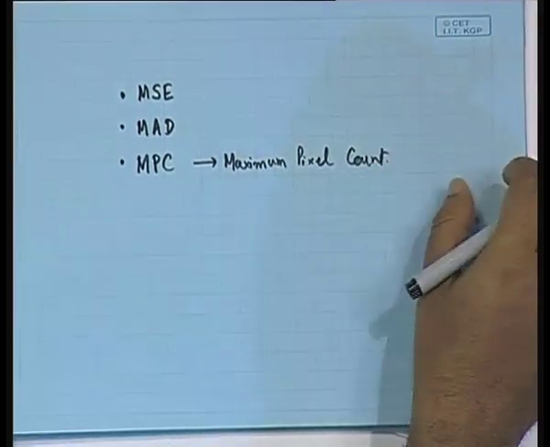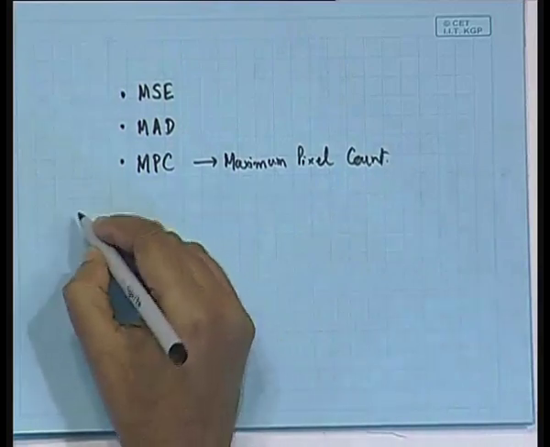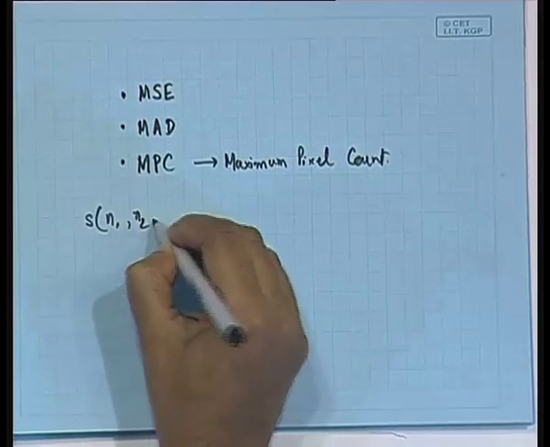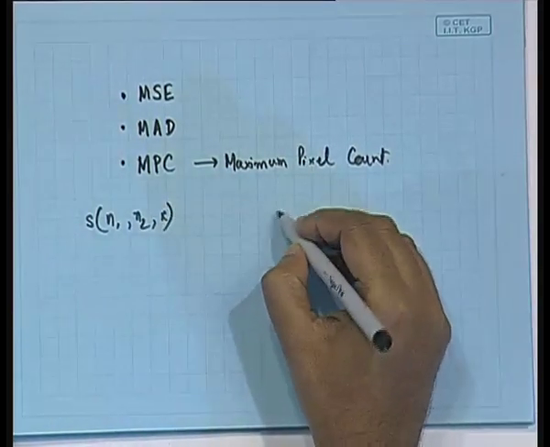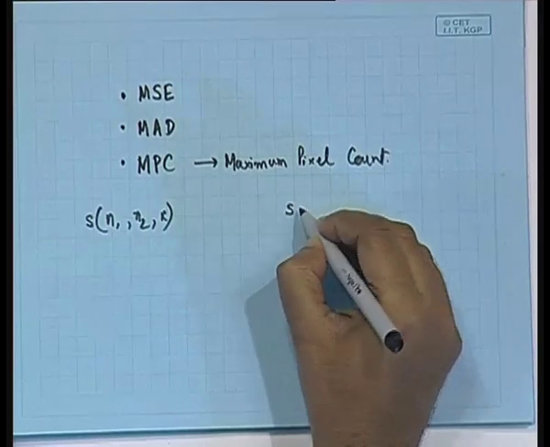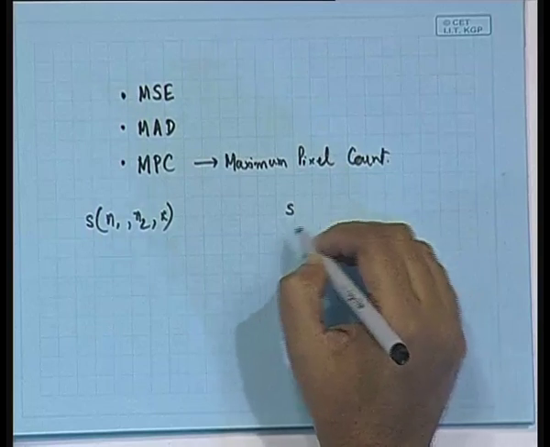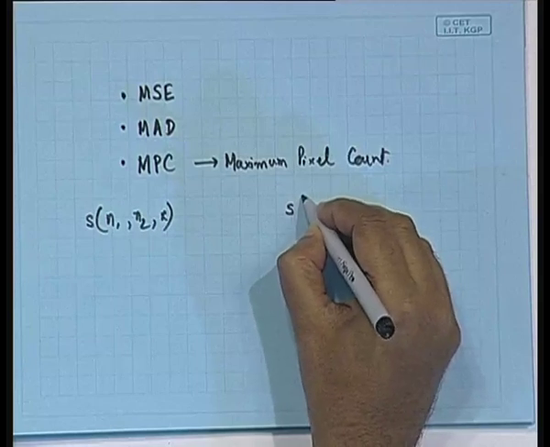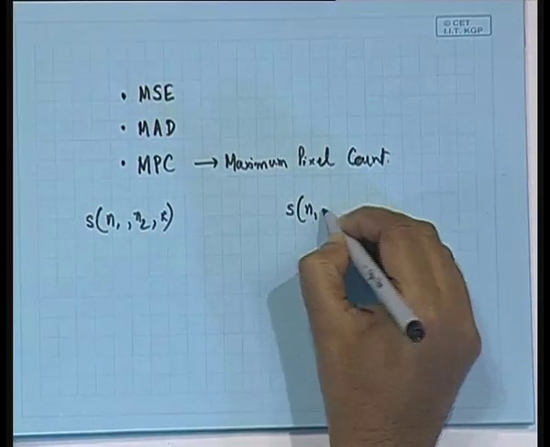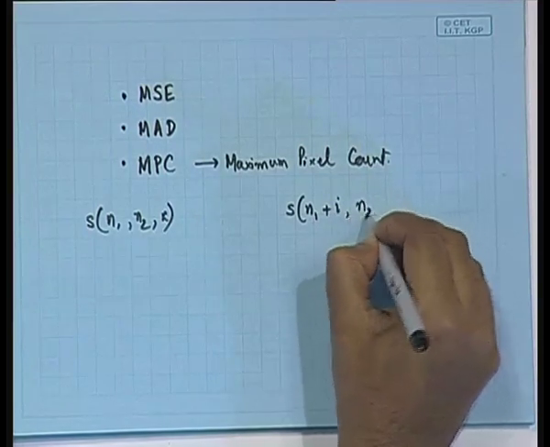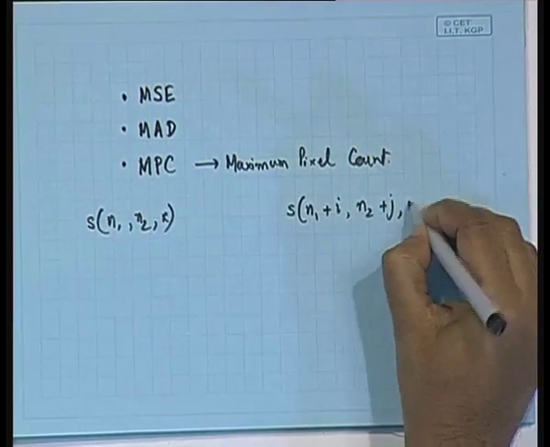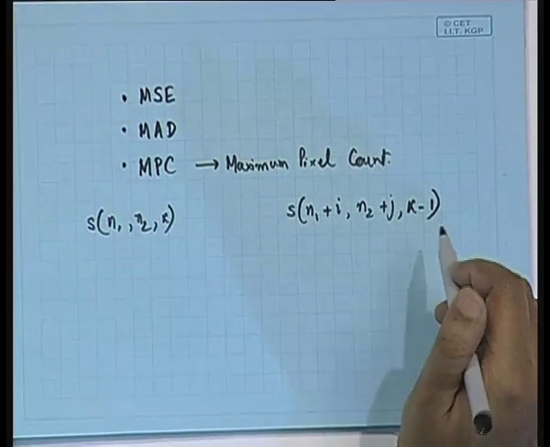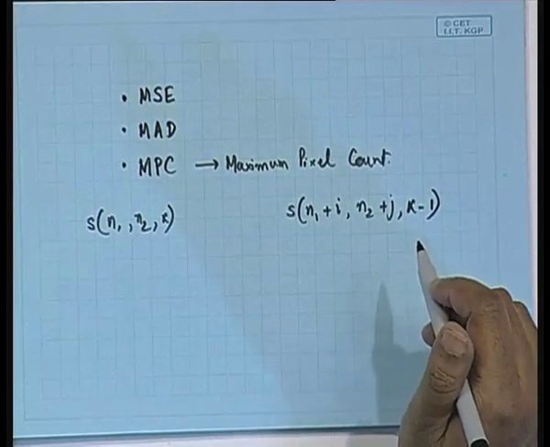Take the image function as S(n1, n2, k), and in the reference frame we search where the displacement vector is (i, j), at (n1 + i, n2 + j, k minus 1), because k is the current frame and k minus 1 is the reference frame.